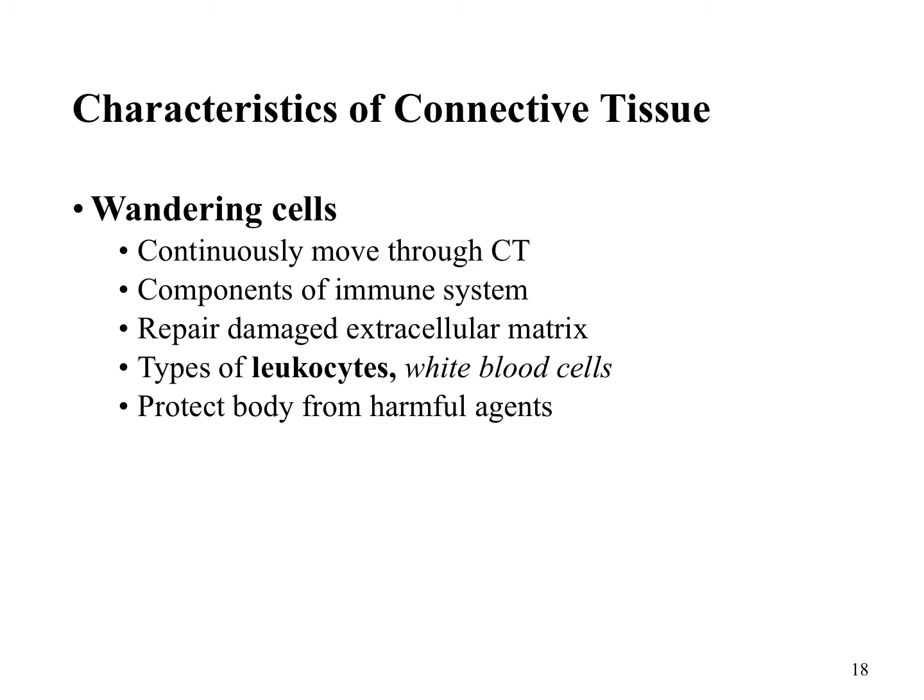Wandering cells continuously move around through the connective tissue. A lot of these wandering cells are components of your immune system. They reside in the skin or in the connective tissue that underlies the skin, the dermis, and provide protection.